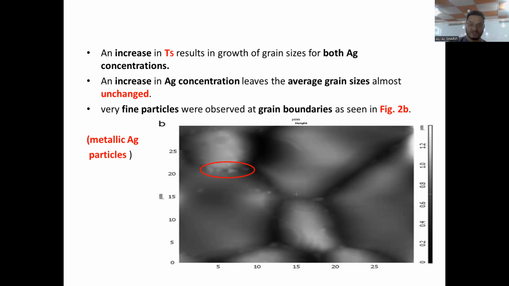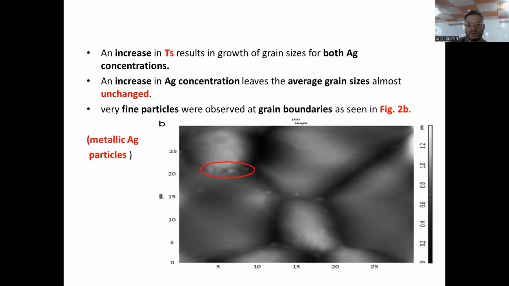But the Ag concentration will not make a huge change in the grain size. Let me say that in easy words: the grain size will not face a huge change when increasing the Ag or doping ratio.